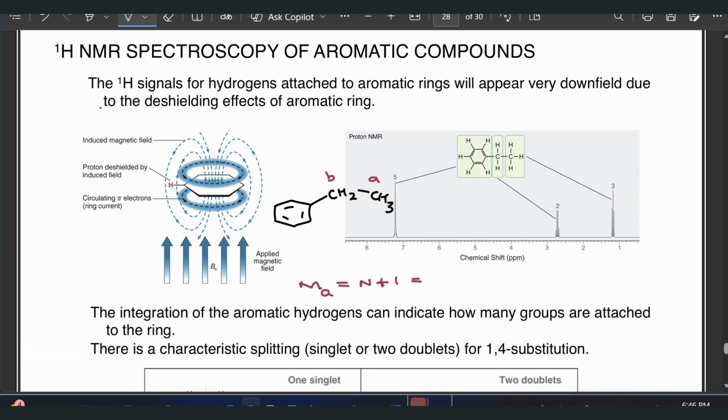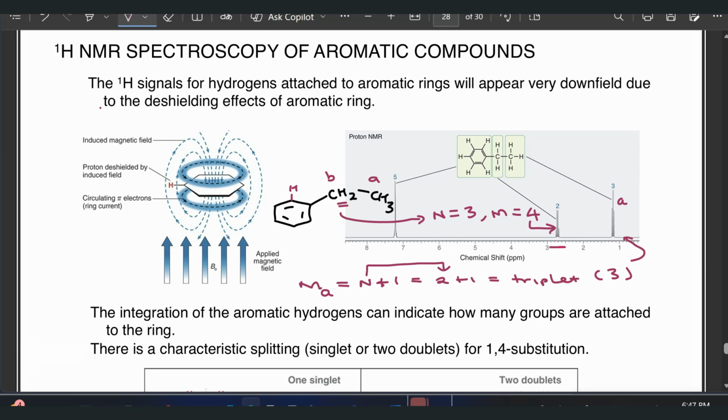We look for the N. The neighboring hydrogens for A is 2. That's 2 plus 1, so it's 3. So it's a triplet, that's why this is an A. The other one's a quartet because there's 3 next to it, the CH3 group, plus 1 is a quartet. And then it's benzylic.